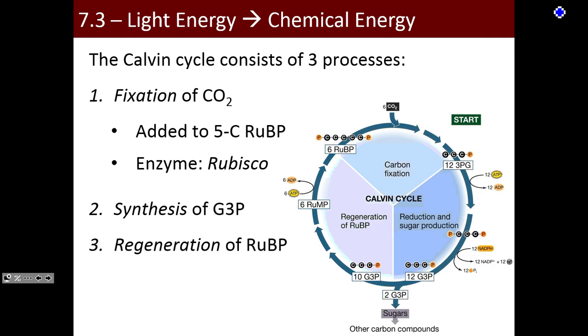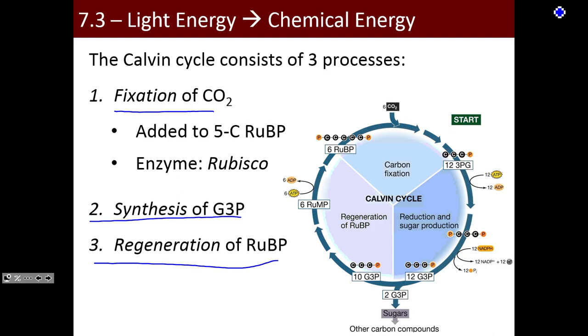So 3 things happen in the Calvin cycle. We fix carbon dioxide from the atmosphere, so we take that simple atmospheric gas and add it to an organic molecule. Then we make G3P, which is our energy product. And then we regenerate the starting point so that the next Calvin cycle can proceed.